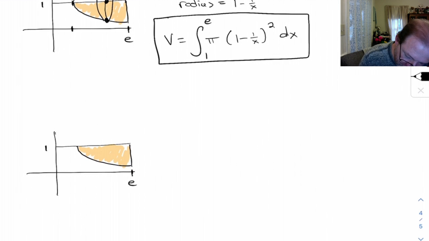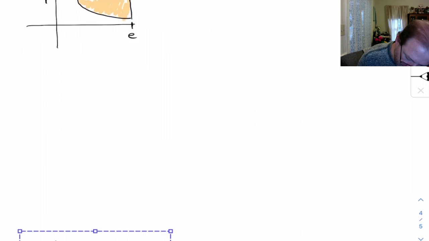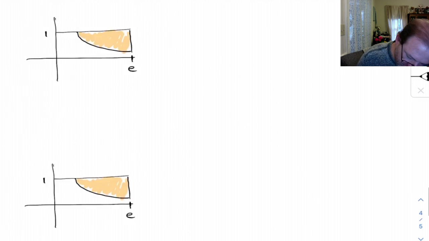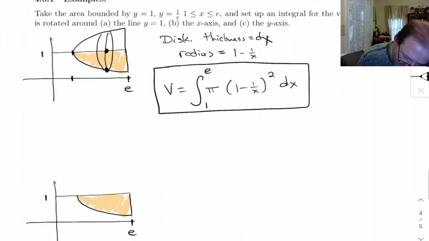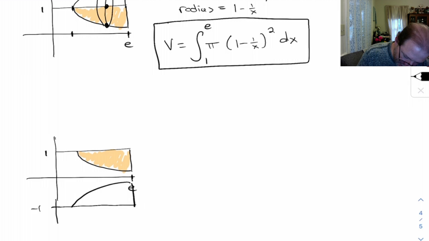All right. This next one, it says to rotate around the x-axis. Okay, if we rotate around the x-axis here, then the other side is going to look like this. It's going to be down here at -1. It's going to look like that.